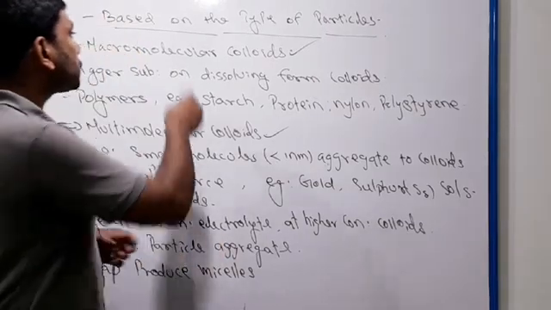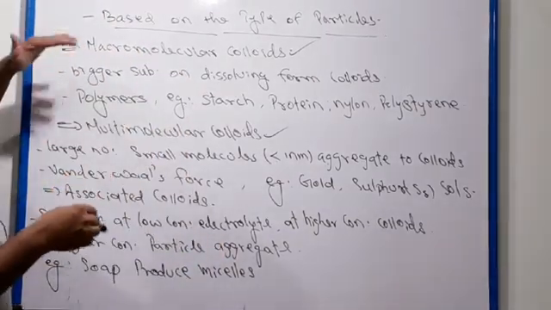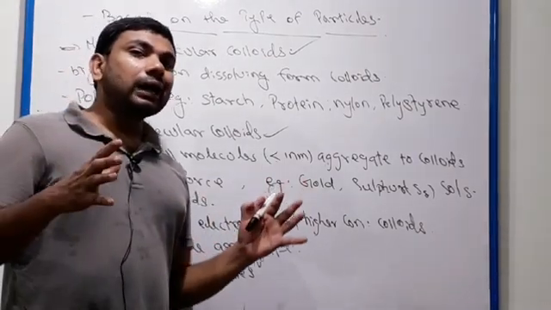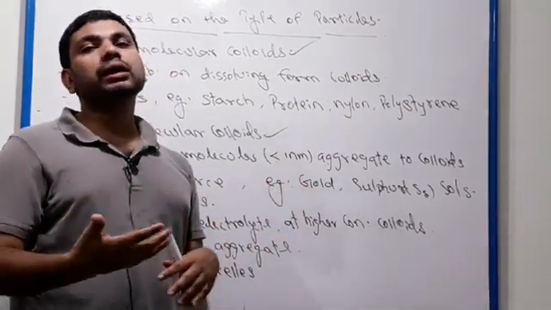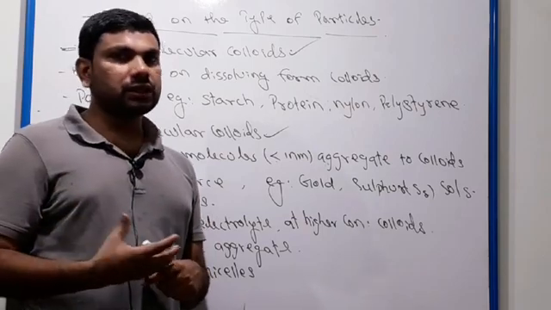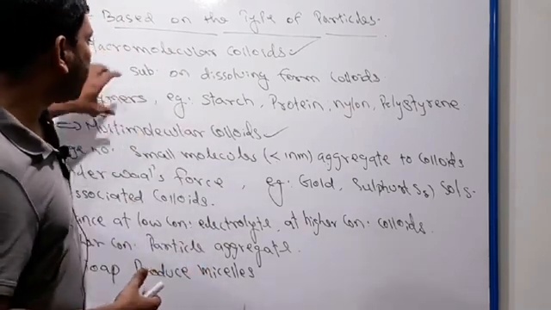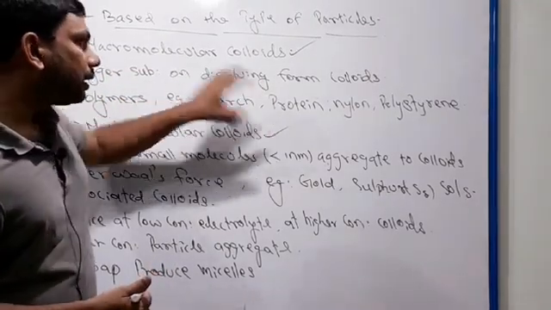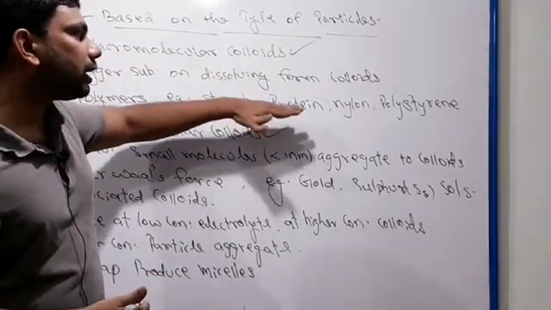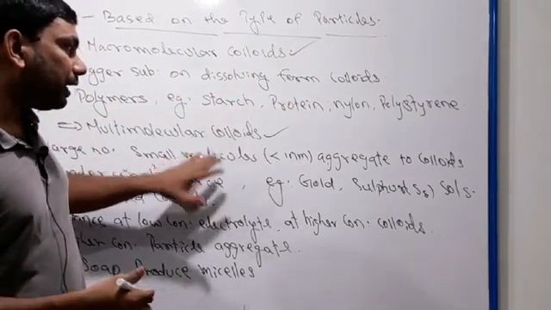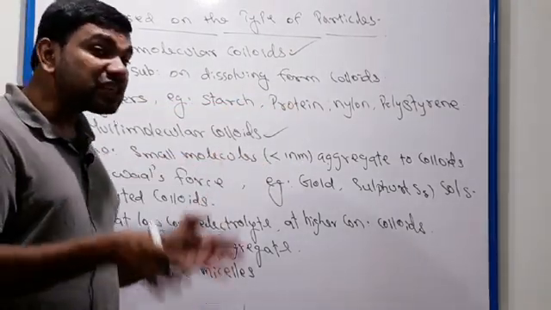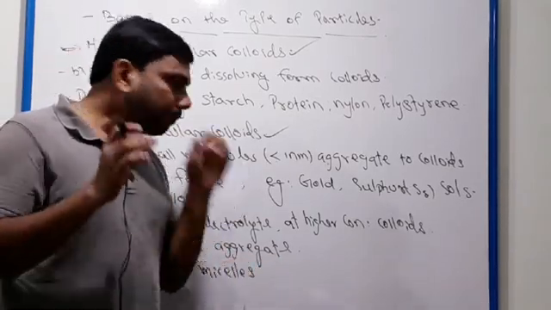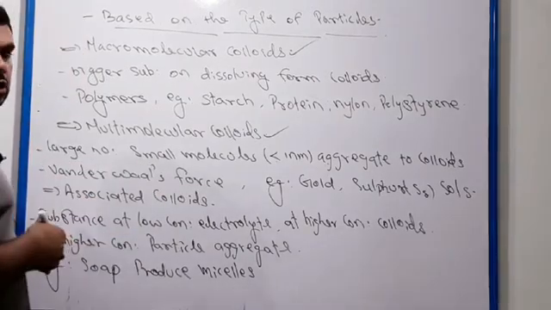So these two are just opposite. In macromolecular colloid, the particles are bigger, like polymers, and they break down to form colloidal sized particles. Here the particles are already very small, less than a nanometer, so it is not a colloid yet.